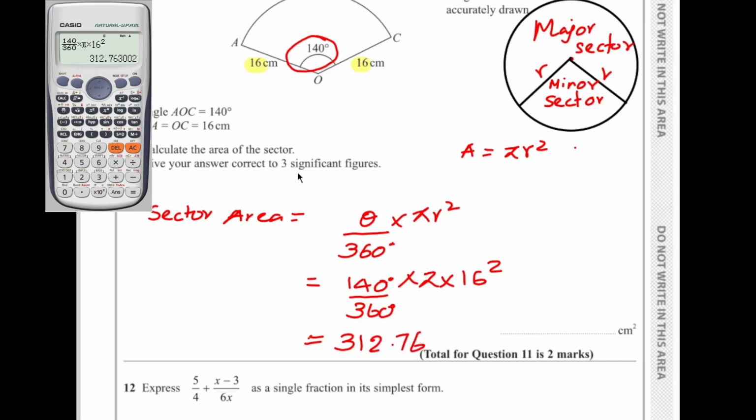We need to leave the answer to three significant figures. Therefore, the answer comes as 313 square centimeters.